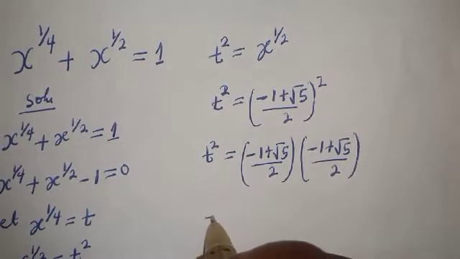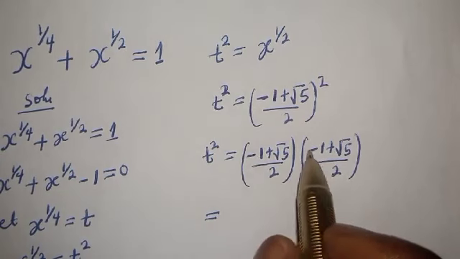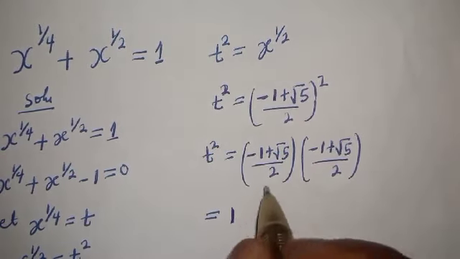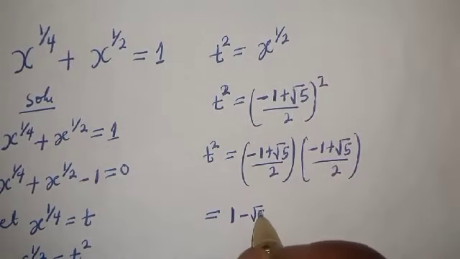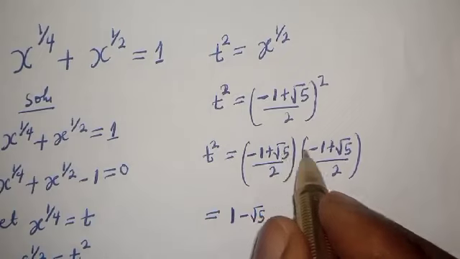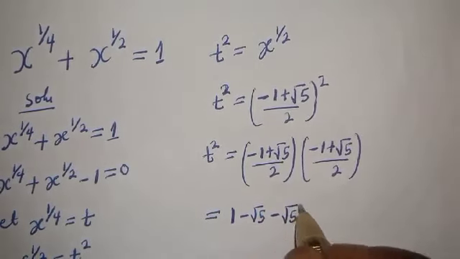Let's see. This is equal to minus 1 times minus 1, that is plus 1. Then minus 1 times root 5 minus root 5 plus root 5 times minus 1, that is minus root 5.